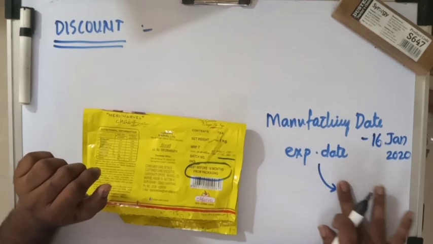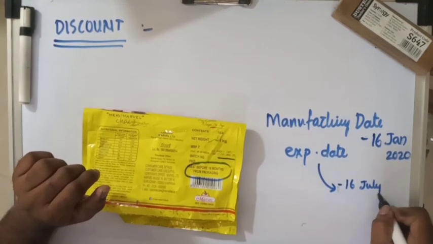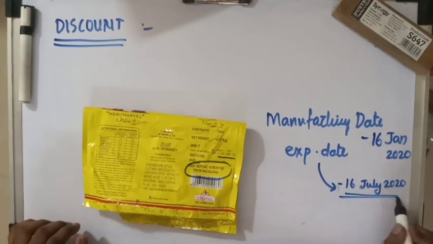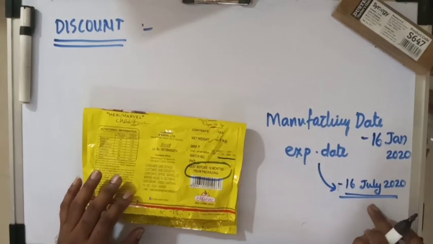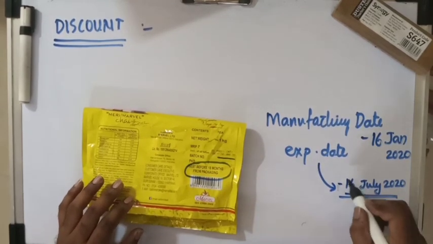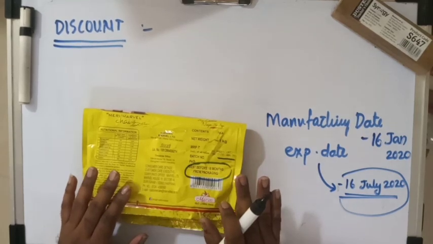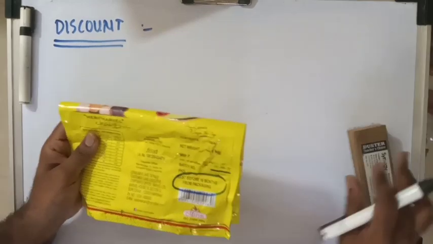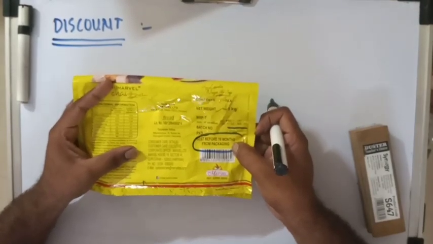That means the product expires on 16th July 2020. Okay, that means the expiry date is 16 July 2020. So once this product passes this particular date, the product gets expired and you need not buy it. Okay, so now you got how to have a look at the manufacturing date and the expiry date of a product.